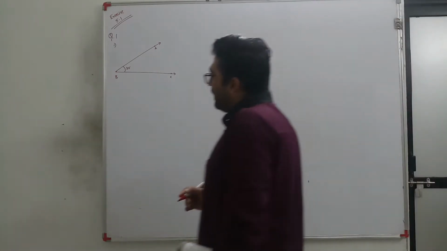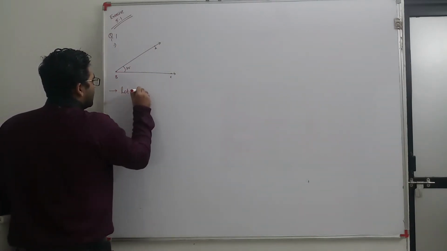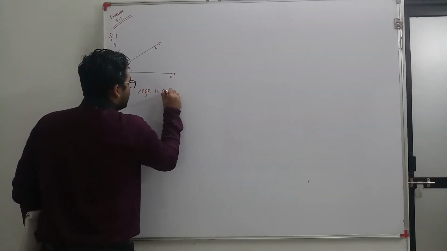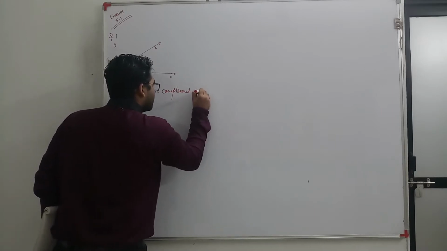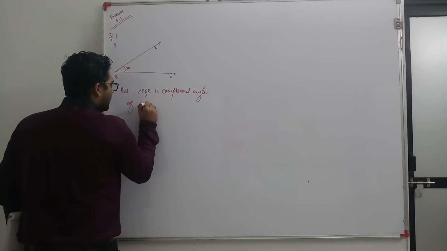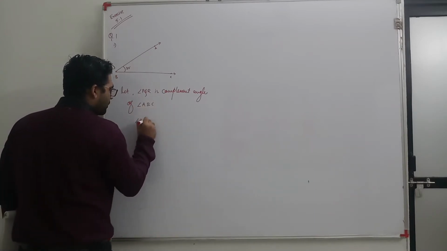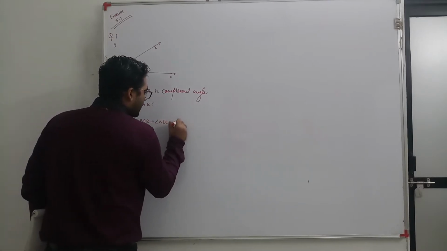So here I am writing like this. Let angle PQR be the complement of angle ABC. Therefore, angle PQR plus angle ABC is equal to 90 degree.